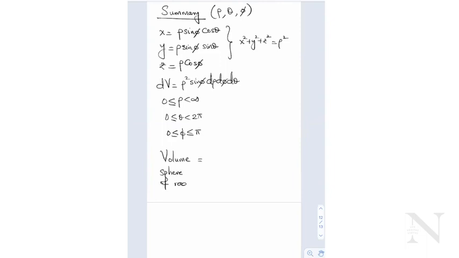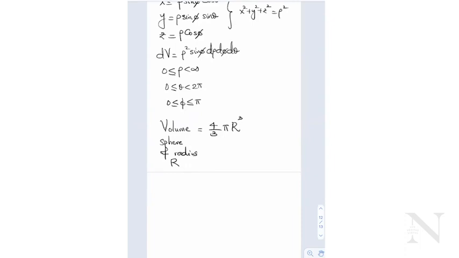Is it 4/3 pi r cubed? Yes, 4/3 pi r cube. But I don't think anybody told you why it is 4/3, right? I mean, that seems a bit mysterious. Why is it 4/3? Why is it not just 4 pi r cube or just pi r cube? So let's see what exactly causes this 4/3 and everything.